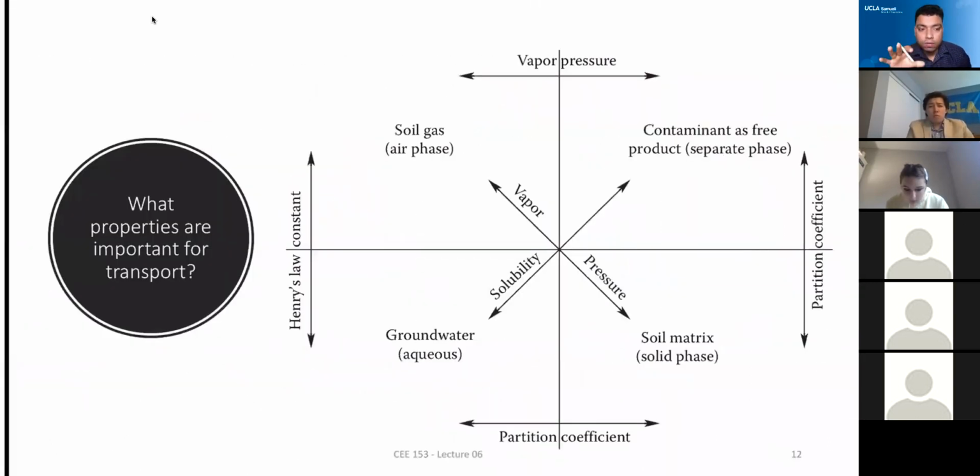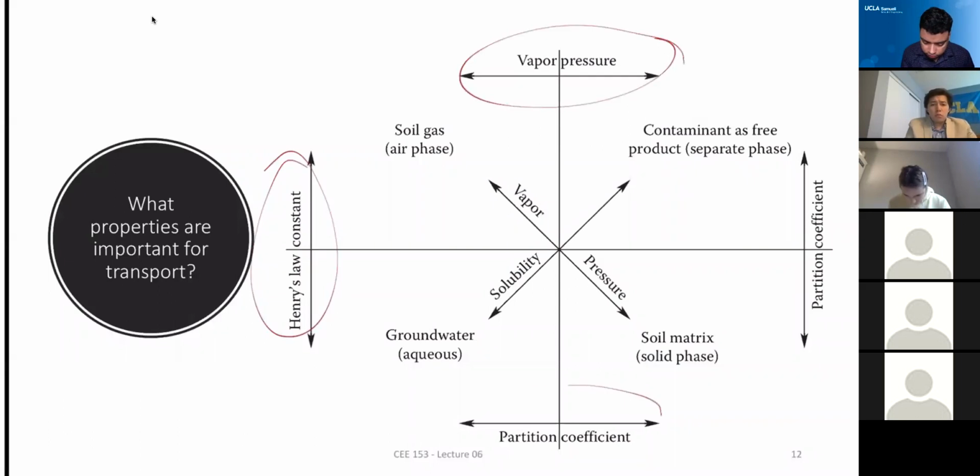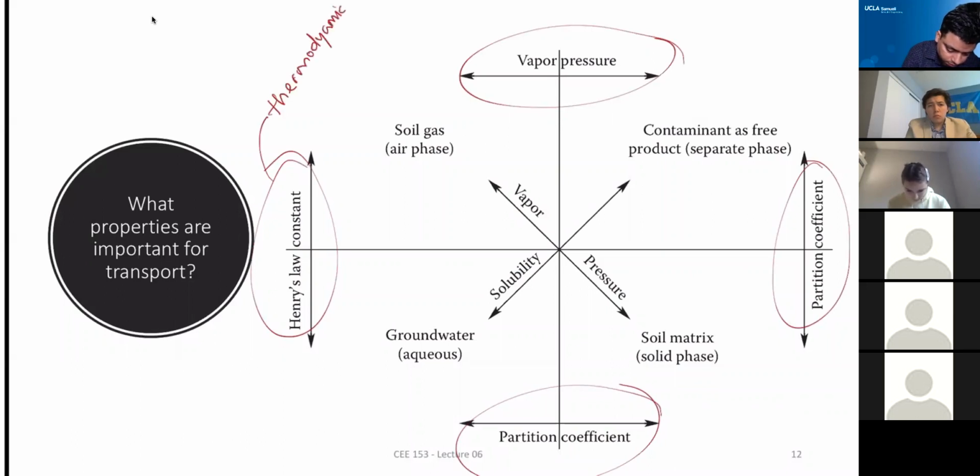In those classes, these are the things you have to understand. When you think of soil, we have to think of what kind of mechanism makes contaminants stick to soil, and how they are released. There are certain parameters like Henry's constant for air, vapor pressure for air, all those thermodynamic constants for a pollutant.